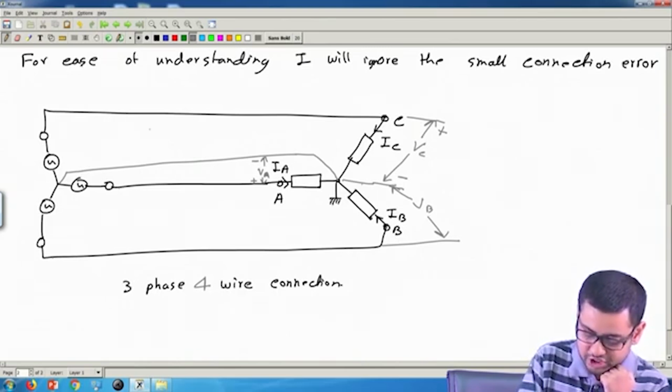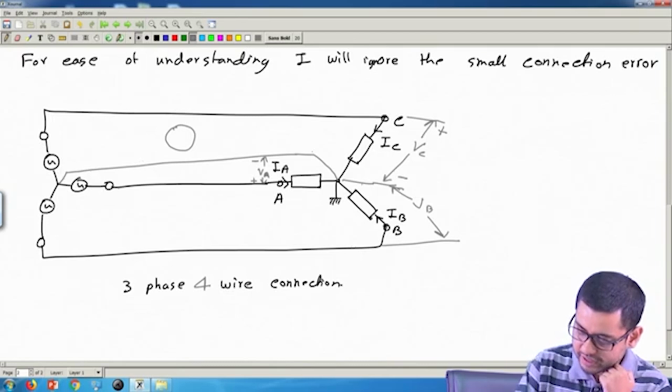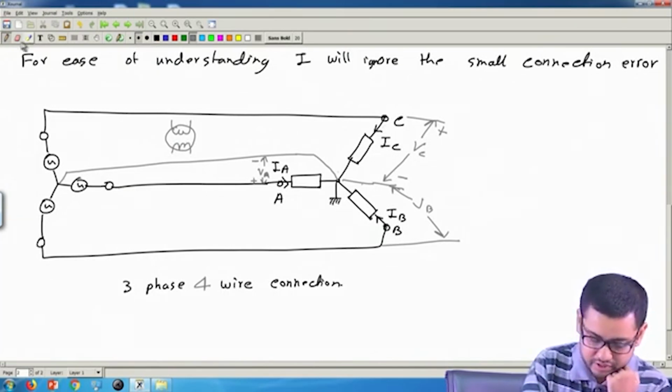So let me take 3 wattmeters. So this is wattmeter 1, and so with this I will measure, say, the power in this phase. Okay, so it will have 2 coils. Okay, so I have to measure this current and this voltage. Now to measure this current, I will disconnect this and put this current coil in series.